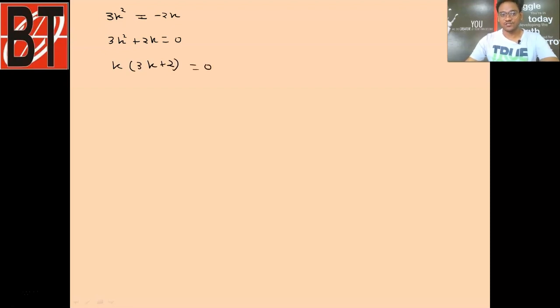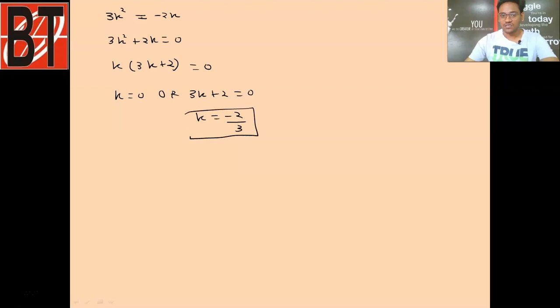Okay, now students, since the product of these two is 0, either k is equal to 0 or 3k plus 2 is equal to 0, or after simplifying you can check k is minus 2 by 3.